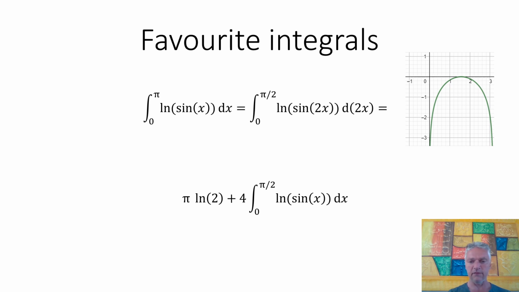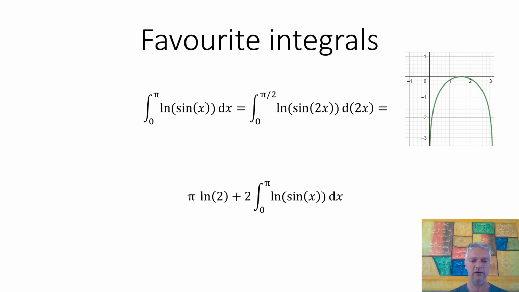Now, if you take a look at the diagram, you will notice that there is a symmetry, because the function takes on exactly the same values between pi divided by 2 and pi. So instead of writing 4 times the integral of the logarithm from 0 to pi divided by 2, we can also write 2 times the integral of the whole region.